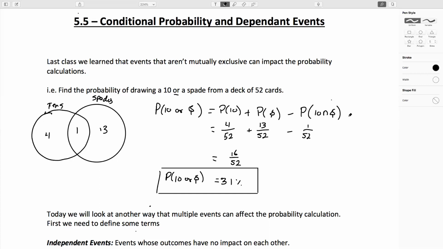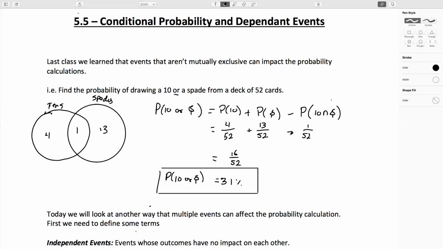If you were to replace it back in the deck, at the end of the day, you're going to have the same probability of drawing a 10 the next time or a spade the next time. So in the situation we're talking about in this question, these are non-mutually exclusive events. If we were to replace the cards we draw, then the probability of any subsequent draw does not get changed.